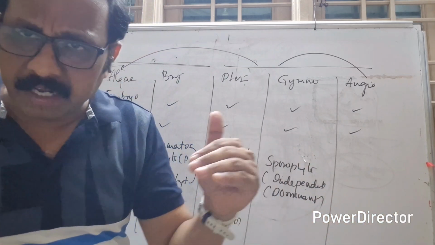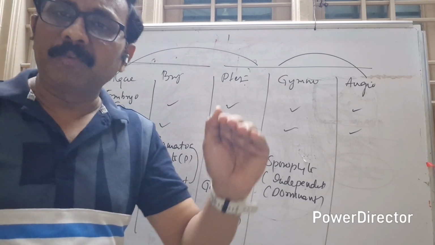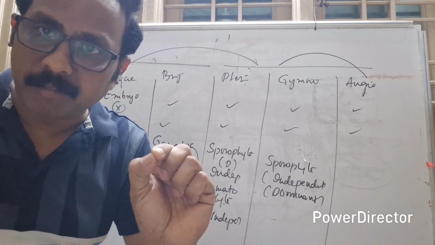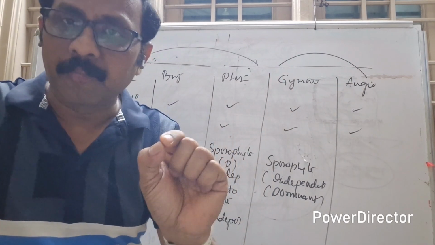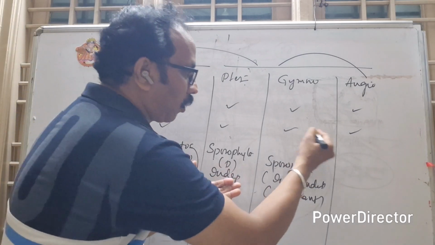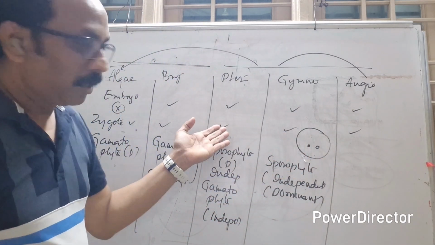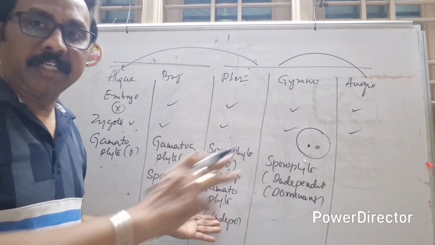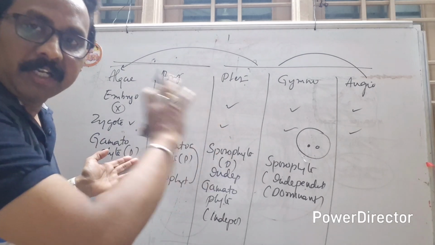Also frequently asked: which plant groups have the least number of gametes in the gametophyte? Again, gymnosperms and angiosperms. For example, pollen grain has the least number of gametes. But in pteridophytes, the gametophyte is independent, so more gametes are released. Here also more gametes are released.